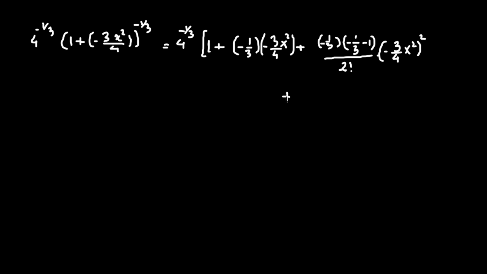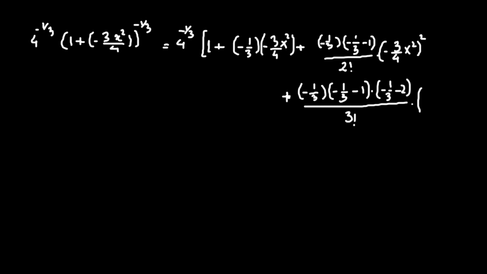And the final and fourth term, since we are asked to expand up to the first 4 terms, we have n, which is negative 1/3, times n minus 1, that will be negative 1/3 minus 1, times negative 1/3 minus 2, divided by 3 factorial times x cubed.